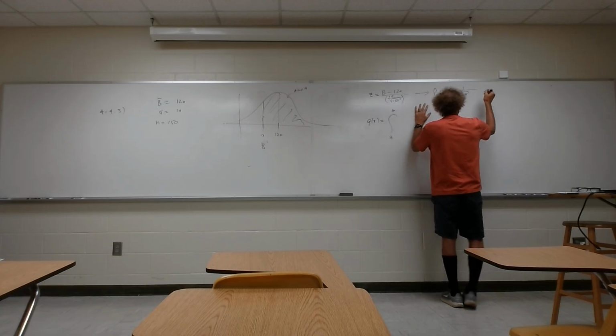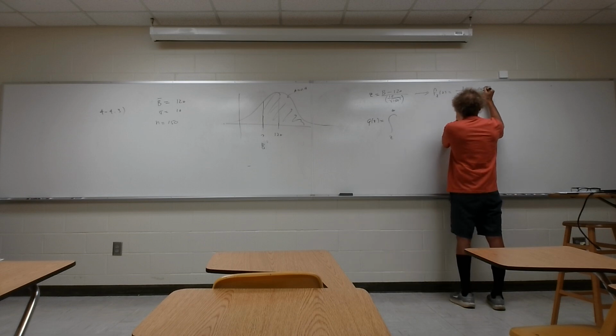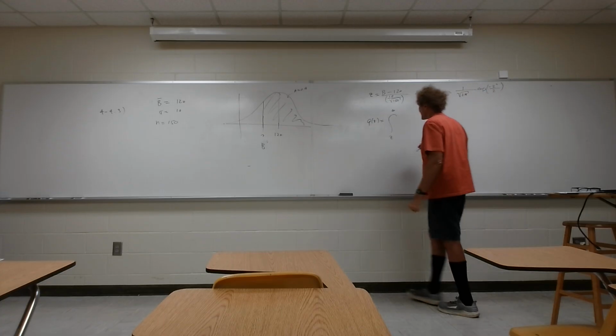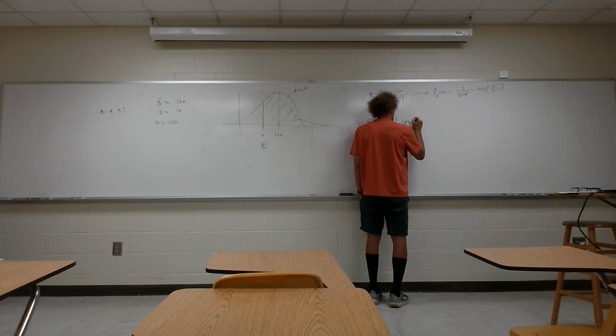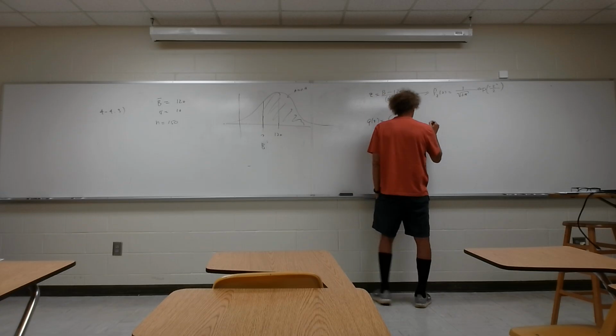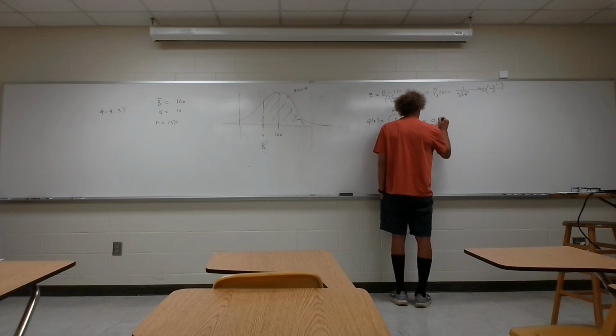You get rid of the sigma, and it's times exp to the minus z squared over 2. That's the normalized density function. So it's the integral of this, and we want that equal to 0.9.